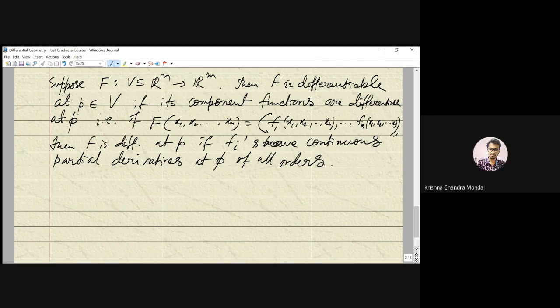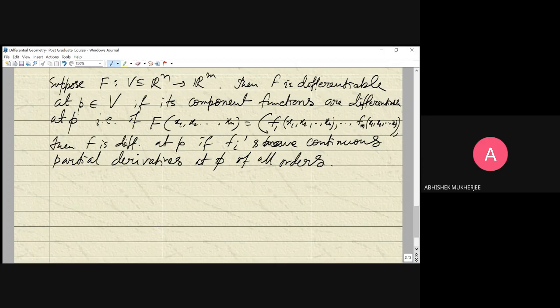The notion that you have considered in R will be transformed to directional derivatives in this way. But in general, whenever you are talking about differentials, then you need to consider the definition that I have written earlier. So actually, you are getting a linear map.